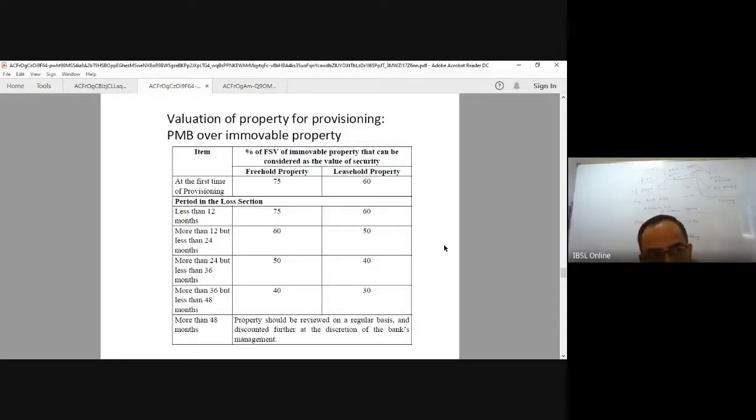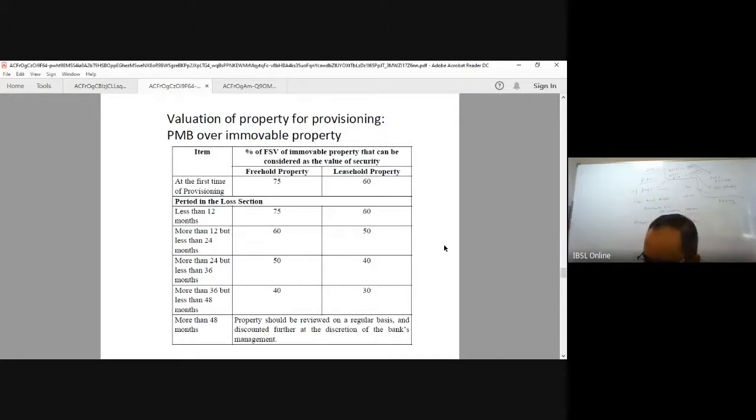That means, we looked at 120 million is the for sale value. Out of that, if you take the 40%, that means 48 million. So 48 million is the haircut, that's the amount you can deduct.